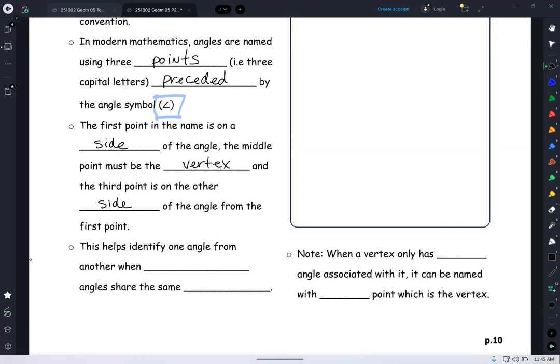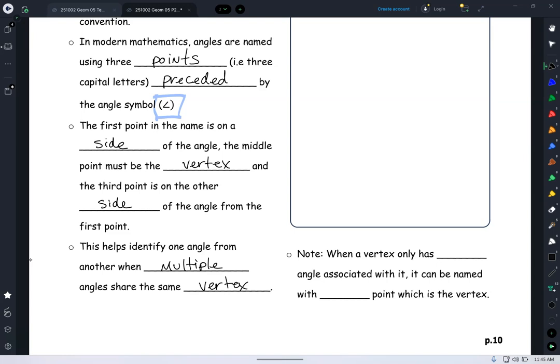And what this does is it helps us identify these different angles when multiple angles share the same vertex, how you can communicate what space between what two lines we are talking about.